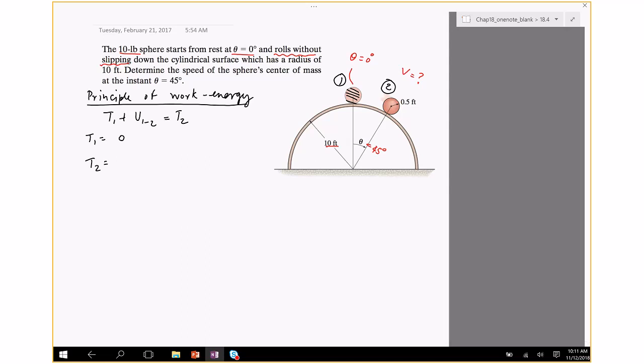Okay, so remember there were three expressions: pure translation, pure rotation, and general planar motion. Which of these three cases does this fall under? I need that in order to write the formula for T. Is it pure translation? It's not, right? It's rolling.